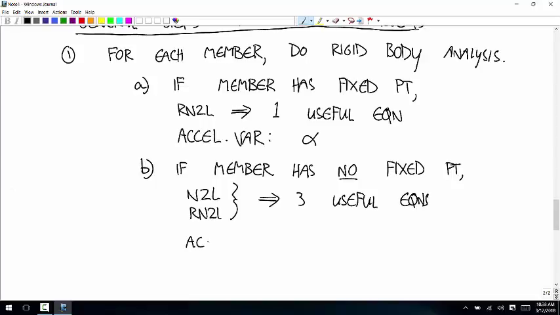And the acceleration variables that you get from Newton's laws are the acceleration of the center of mass, that's a vector, and alpha. Since these are all 2D problems, alpha is just the z component of the alpha vector.